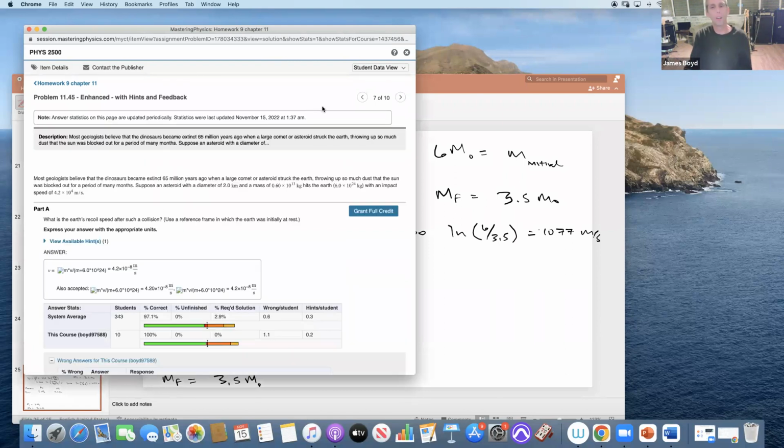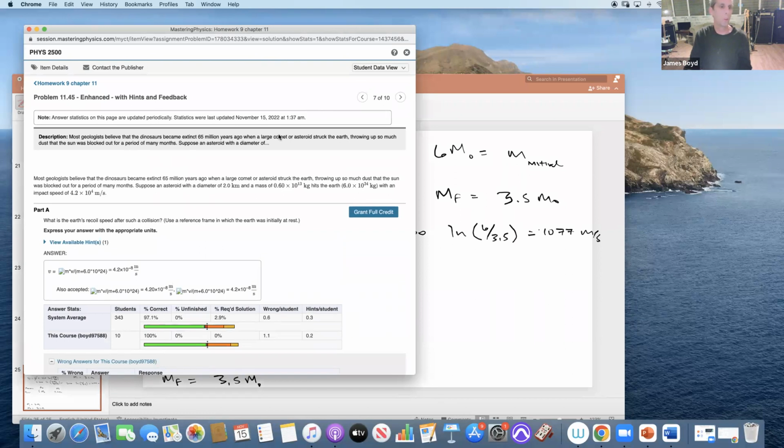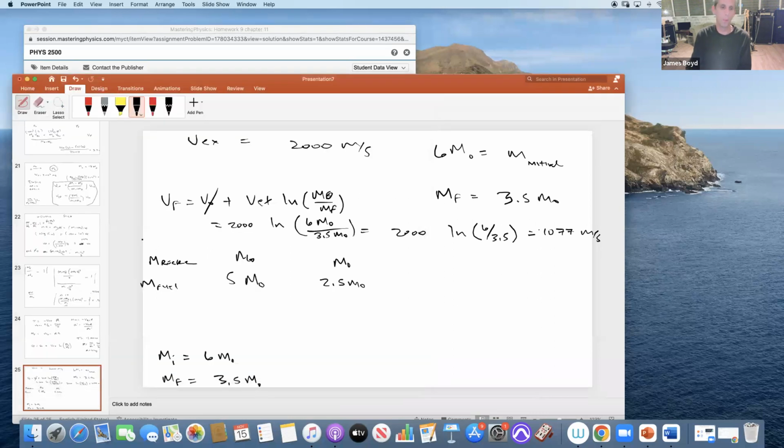All right. You all just believed when dinosaurs went extinct when it hit. Suppose an asteroid with a diameter of 2 kilometers and a mass of blah, blah, blah hits the Earth with an impact speed. What is the recoil speed? So we are going to assume this is an inelastic collision.